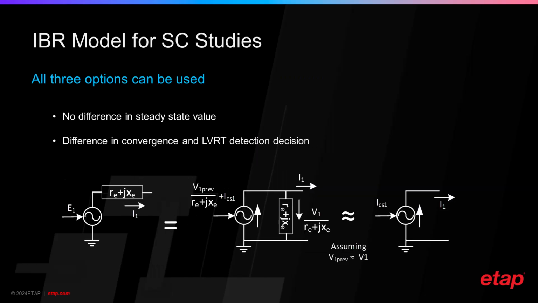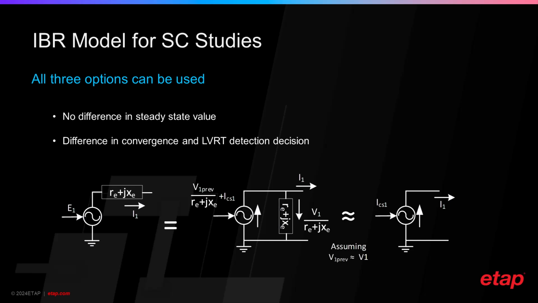Now, for the IBR model for short circuit studies, there are three options available. We can model it as a Thevenin equivalent, as you see on the far left side, or as a full Norton equivalent. And then, as we will discuss, in the case of short circuit, the industry decided to model it as a current source, a voltage-dependent current source.